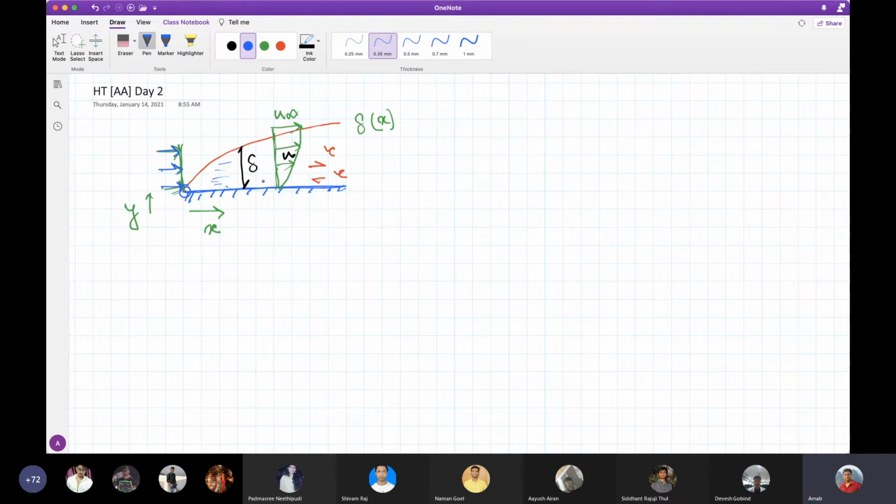Now it gradually changes, and we get a velocity profile like this, and that happens at height delta from the surface. This u infinity that we have mentioned, we know that this is called the free stream velocity.